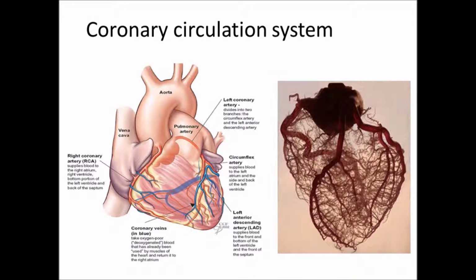It's important to note that the heart has its own circulation system also, called a coronary circuit or coronary circulation. Now, this is an extensive network of blood vessels that provide nutrients and, importantly, oxygen to the cells of the heart, the myocytes.